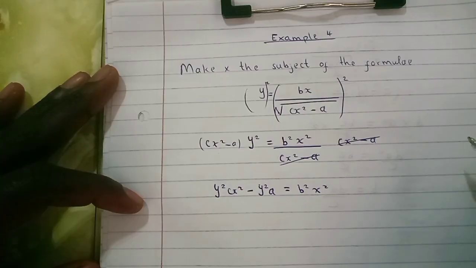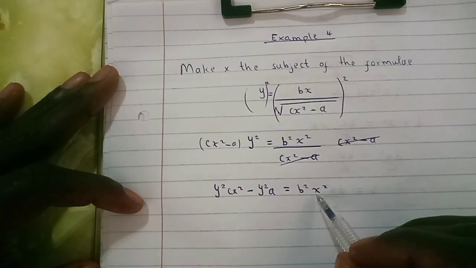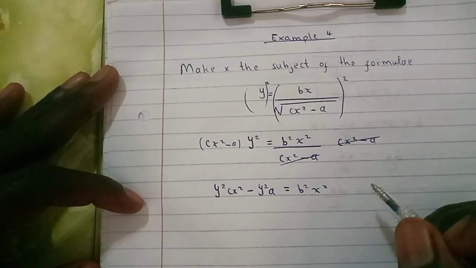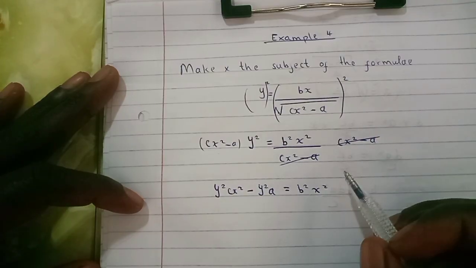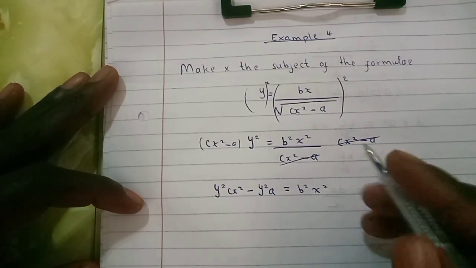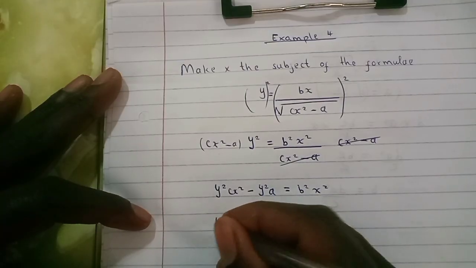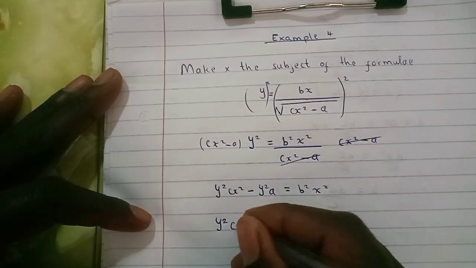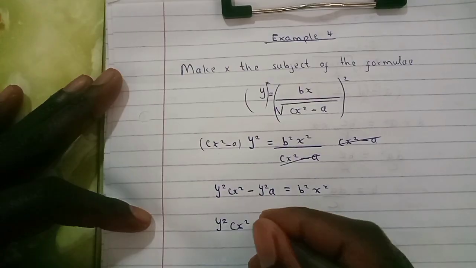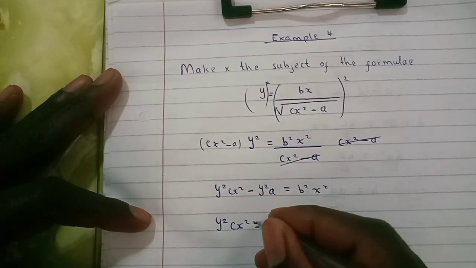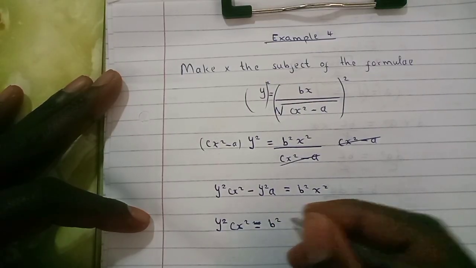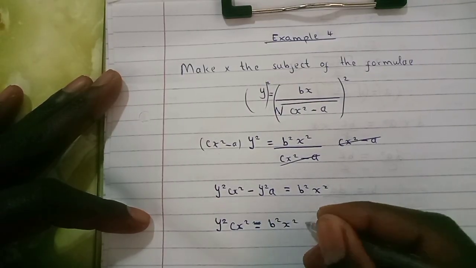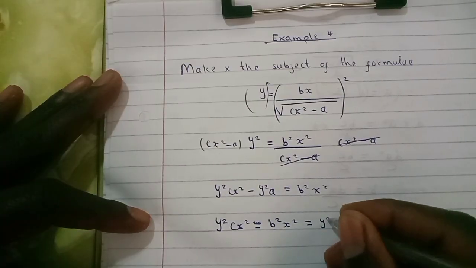So I'll take b squared x squared and take it to the left hand side of the equation, and I'll take y squared a, since it does not have x, and put it to the right hand side. So I'm going to have y squared cx squared minus b squared x squared is equals to y squared a.